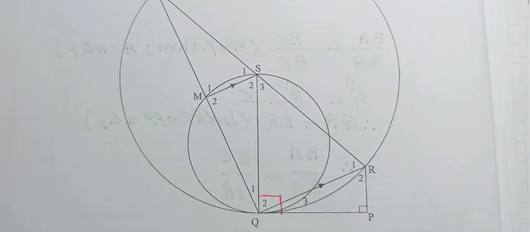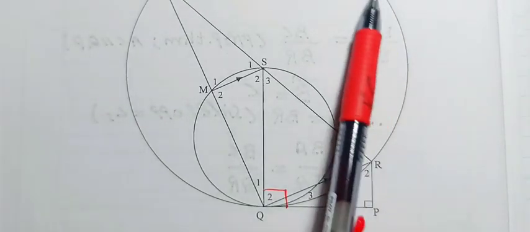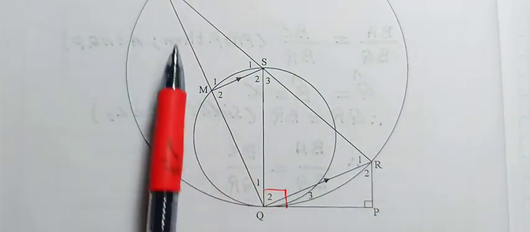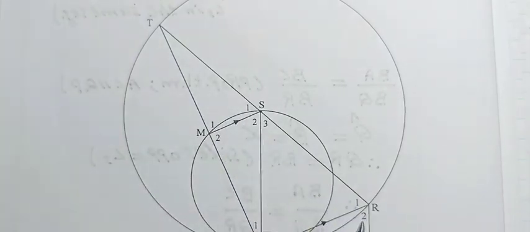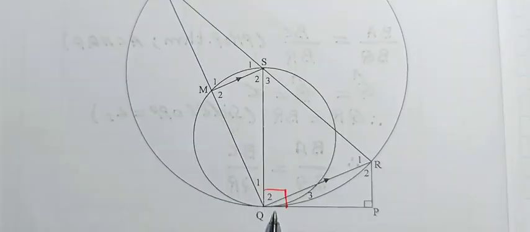According to the second method, if you don't want to use the first one, have a look here. This is the big circle. TSR is the diameter. Angle Q1 plus Q2 is going to be equal to 90 degrees. Why? Angle in the semicircle for the big circle.